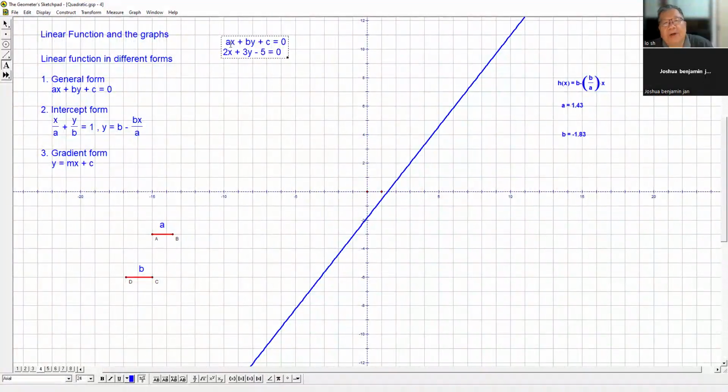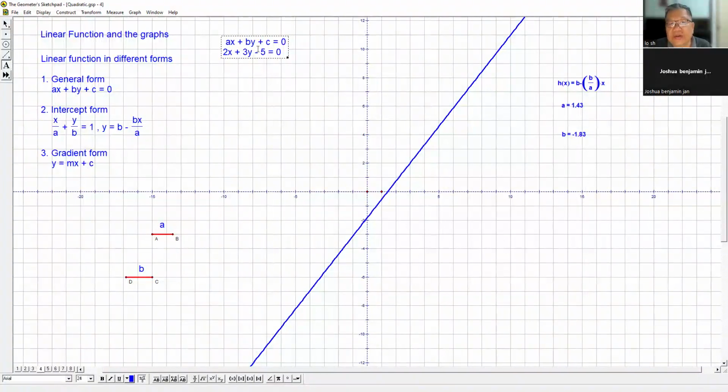There is a number in front of x. Then plus by. By means there's a number in front of y, that's all, right? This number can be anything, right? Then plus c. So if you see an equation in this form, then it is called a linear equation.